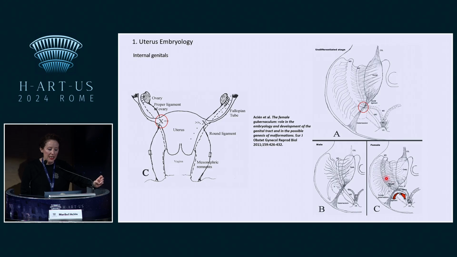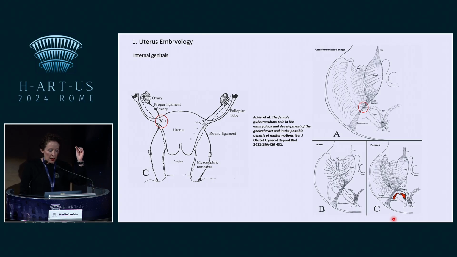The thing is that in the woman, because the Müllerian duct is developing, the path of the gubernaculum is interrupted, and then the fibers incorporate into the uterine wall, becoming the round ligament.